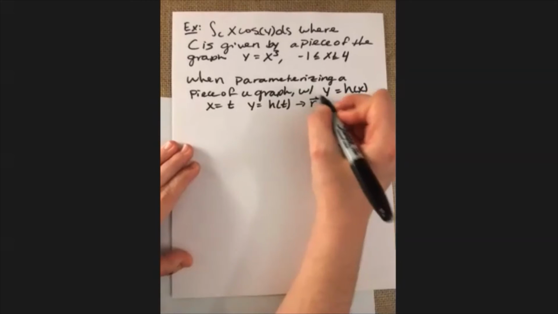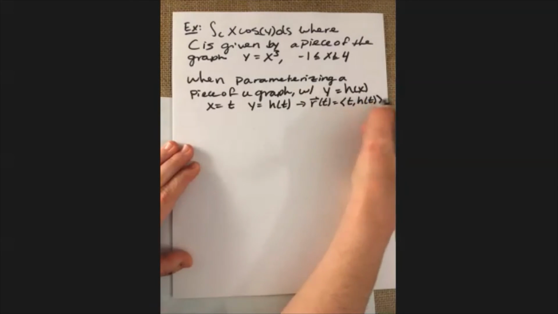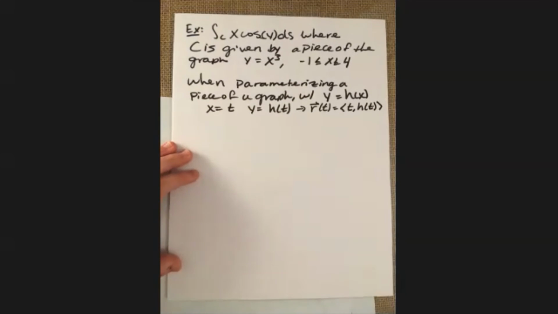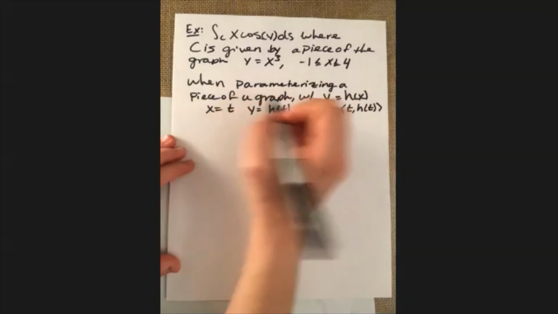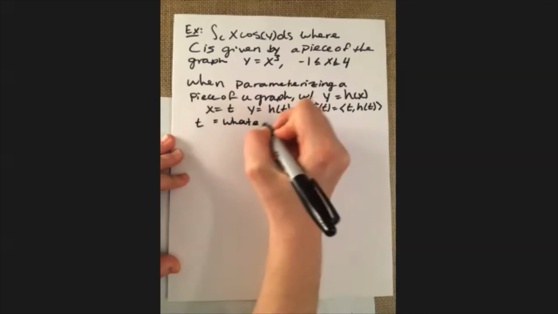What you're going to get for your parameterization is r of t equals (t, h of t). Okay, so maybe that looks a little bit vague. Oh, and the bounds of t are the same as the bounds on x.